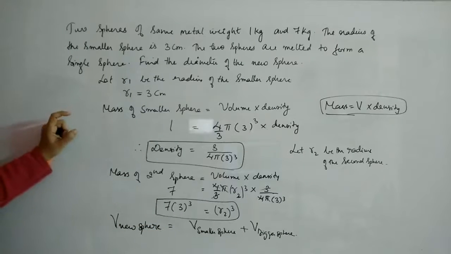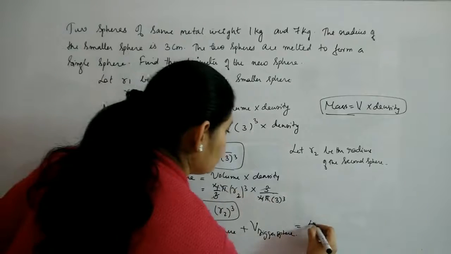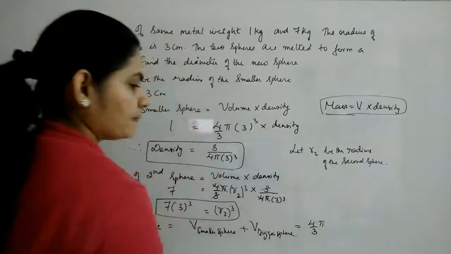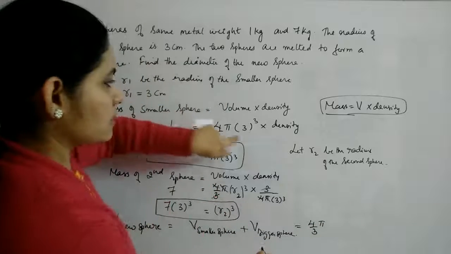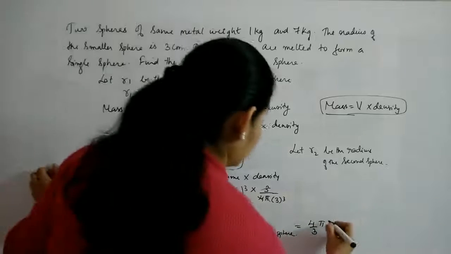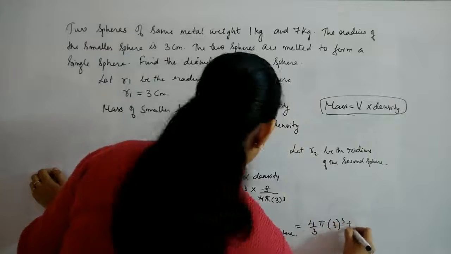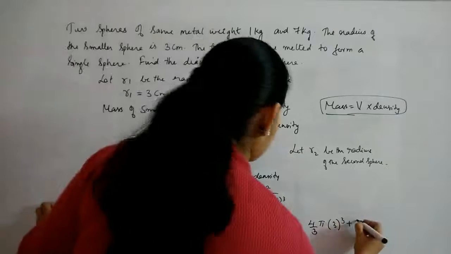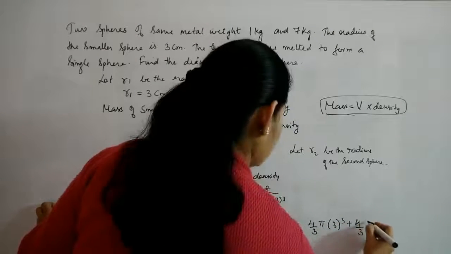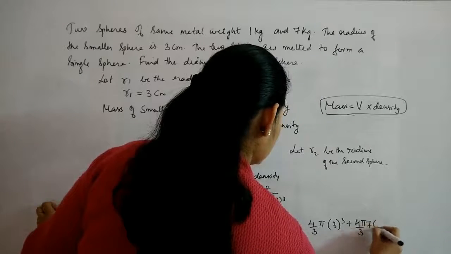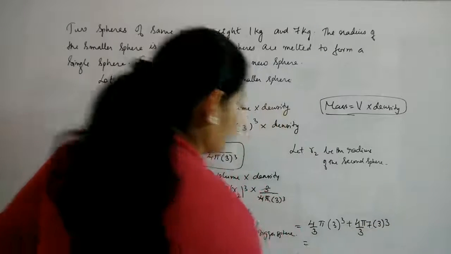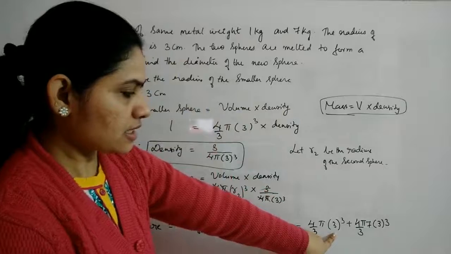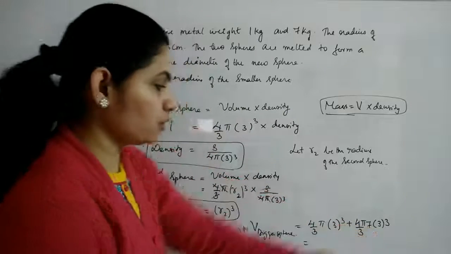Volume of the first one plus volume of the second one will give you 4 by 3 pi. First one is 3 cube. So here you are getting 3 cube plus here you are getting 4 by 3 pi into 7 into 3 cube. Okay. So here it is 3 cube and here it is 7 into 3 cube for this next one.